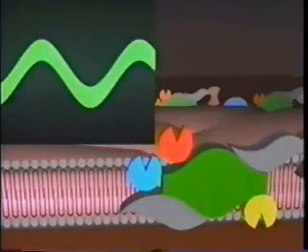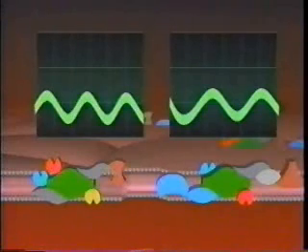This average wavelength is determined by the number of each kind of pigment present in the photosystem. As it happens, only two kinds of photosystems are formed, and each has a different average wavelength.